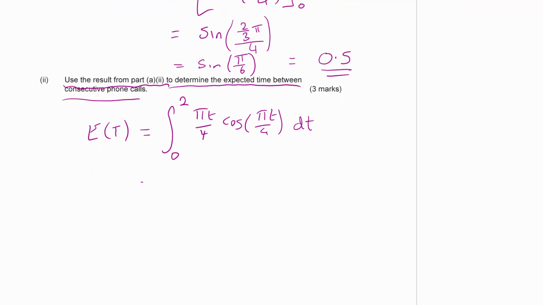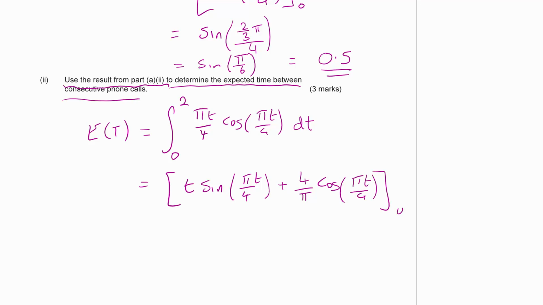Now, from the first part of the question, we know the expression for the integral, and that is going to be t sine pi t by 4 plus 4 over pi cos pi t by 4 evaluated from 0 to 2.